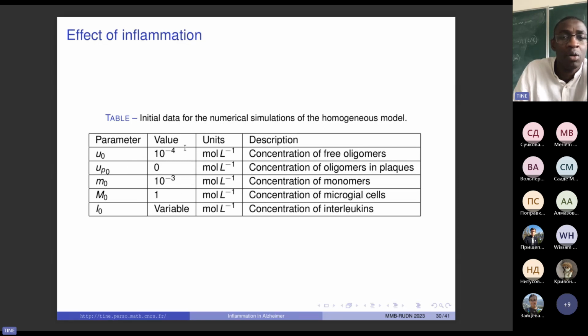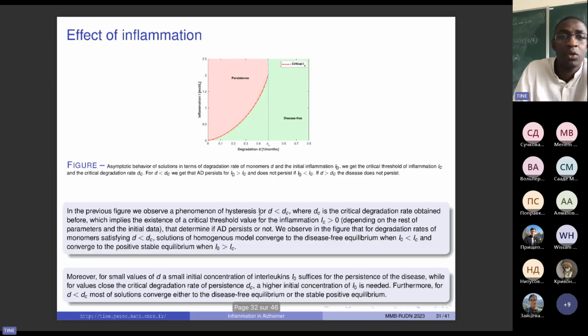What we obtain for the distribution, when we plot inflammation and degradation, is the asymptotic behavior of the solution in terms of the degradation rate of monomer D. When we are in this region, we have the persistency of the disease, and this is like the attraction basin.